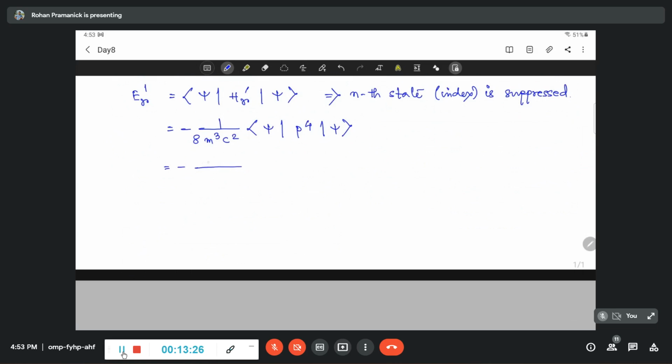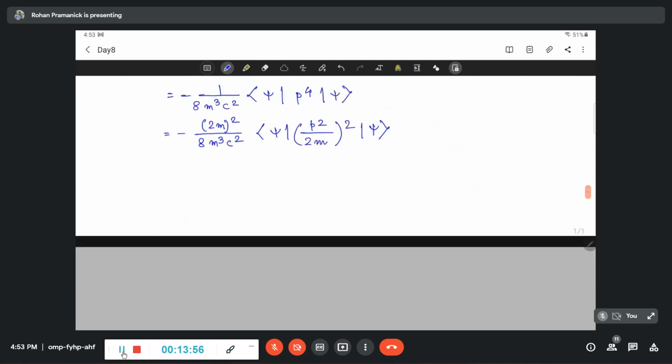So I write this as p squared by twice m, whole squared, and I multiply here 2m squared over 8 m cubed c squared, psi.